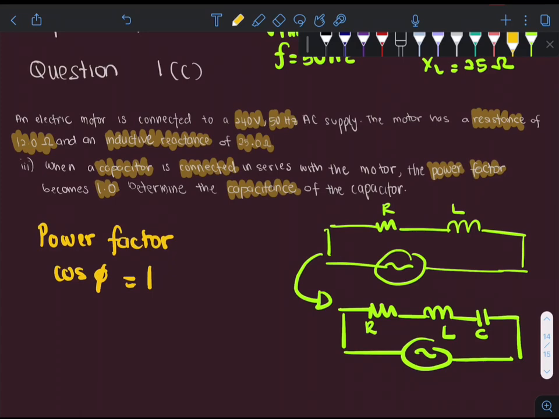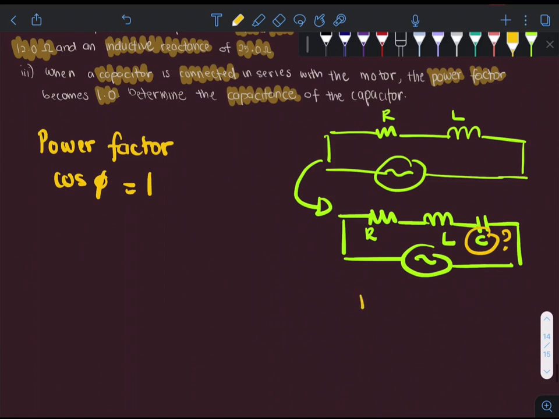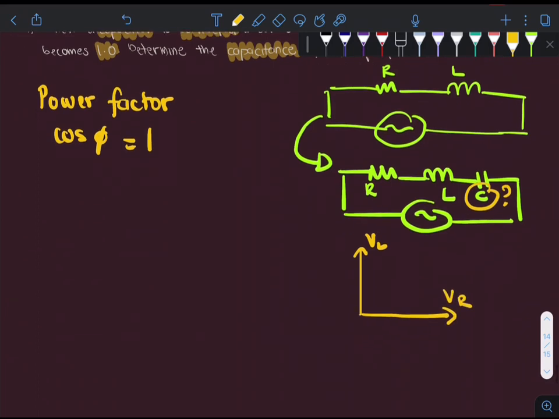Okay, so since cos phi now is equal to 1, the question asks us to find the value of the capacitance of the capacitor added. We have deduced in the previous question that when we have a combination of circuit, our phasor diagram will be voltage across inductor, voltage across resistor, and also voltage across capacitor given like this, and we will have the current here.